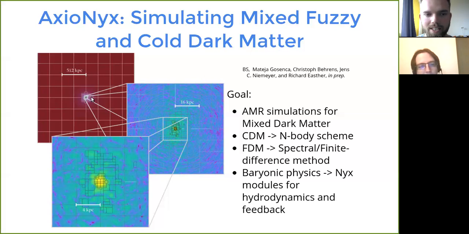But then this overdensity is refined a lot, that you can see in this right-hand picture. That's a zoom into this small central region, and you start to see the granular structure, and also the grid structure of our adaptive mesh refinement algorithm.